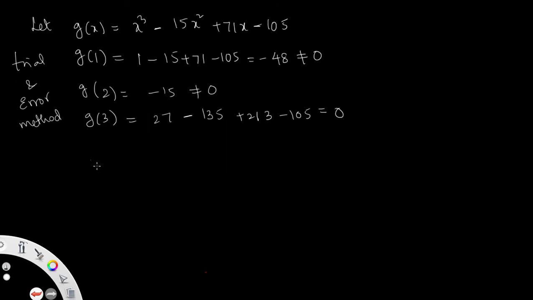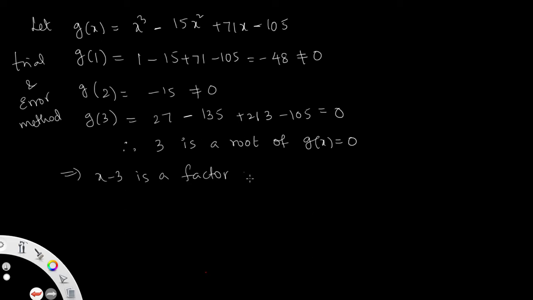Therefore 3 is a root of g of x equal to 0. Therefore x minus 3 is a factor of g of x equal to 0.